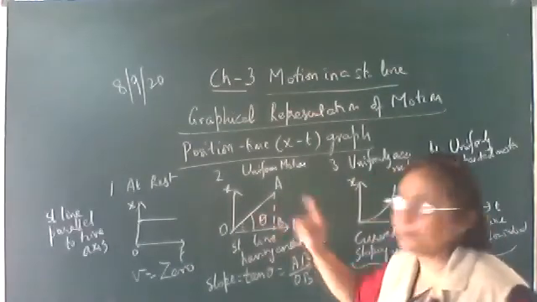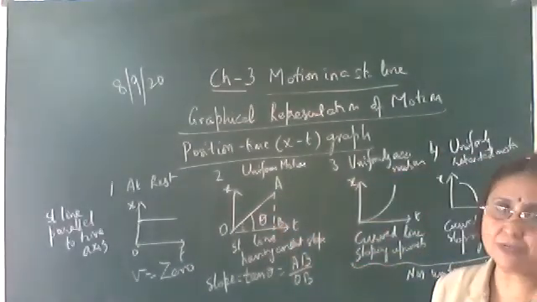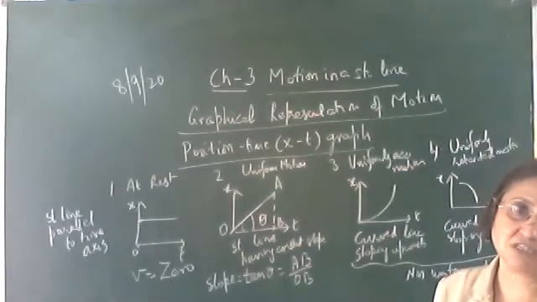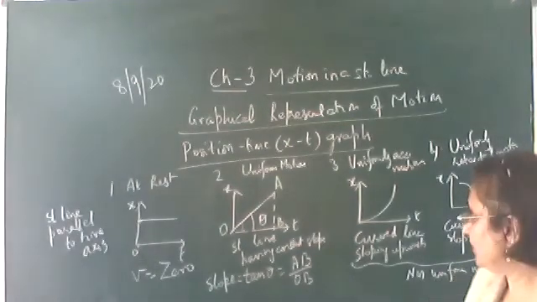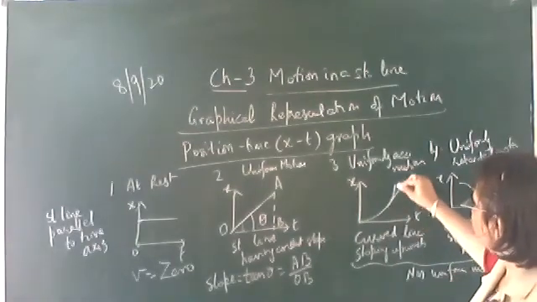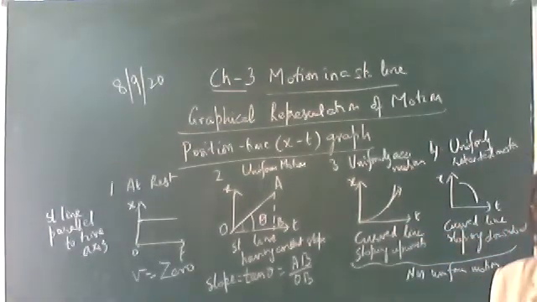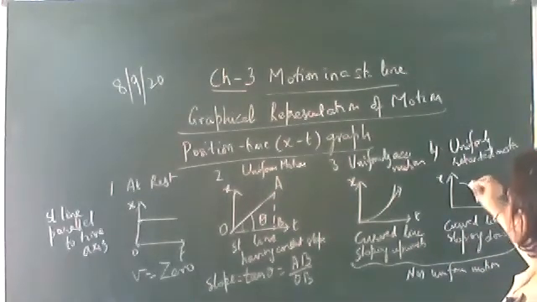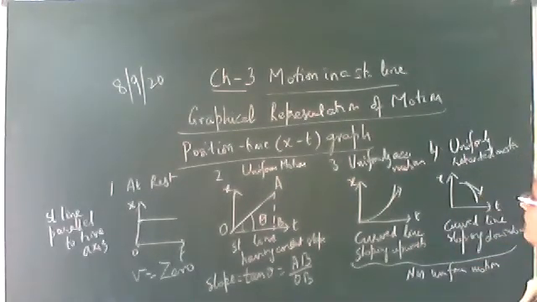So if the slope is like this, it is constant slope, it means it is moving with a constant speed. Okay, whereas for here, we calculate the velocity by finding the tangent at that point. So at any point, if you have to find out the velocity, you have to draw the tangent at that point.